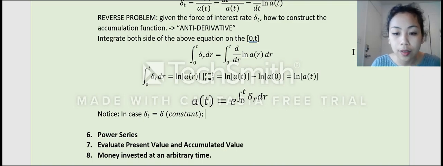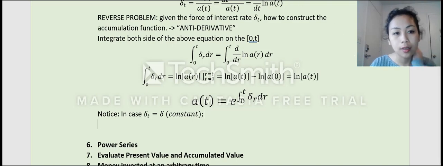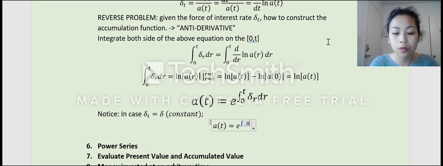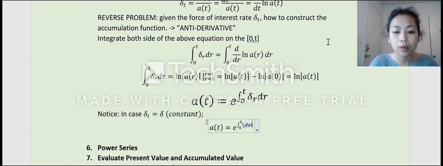We have a of t is e to the power of the integral from 0 to t of delta dr, and that is equal to e to the power of delta t.